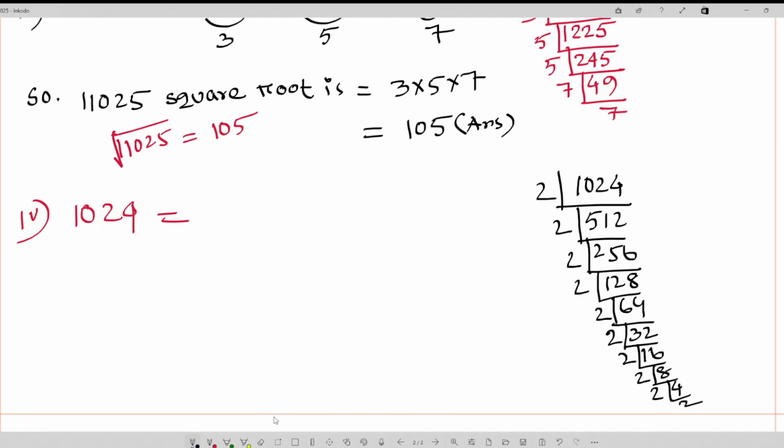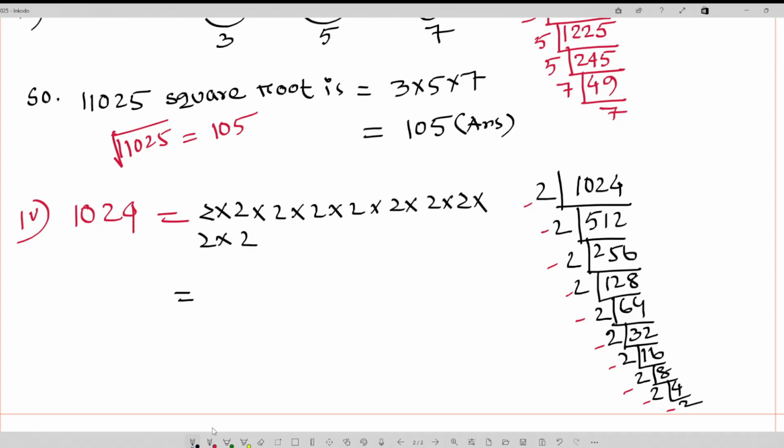So here we count 1, 2, 3, 4, 5, 6, 7, 8, 9, 10. So we can write ten 2s. We can make pairs: this one, this one, this one, this one, and this one.